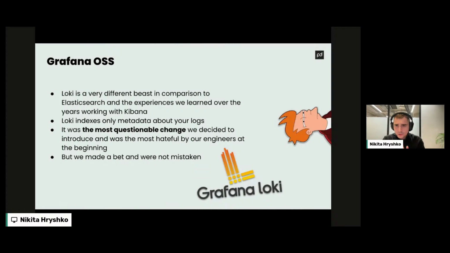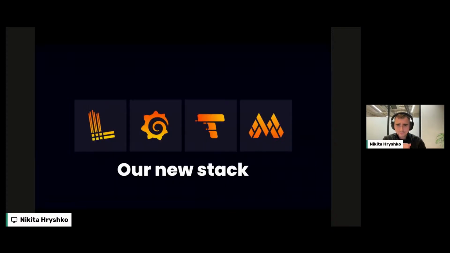And to be honest with all of you, it was the most questionable change we decided to introduce. And it was the most hated thing by our engineers at the beginning. But we made a bet, and we were not mistaken. And here we are. This is our LGTM, our new stack, and it's time to jump into implementation.